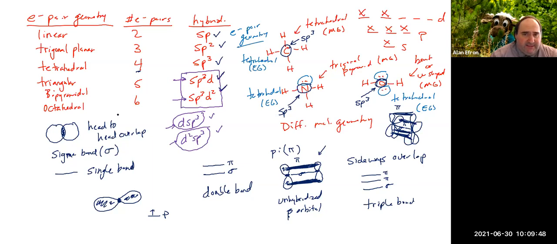So let's see this in action. We're going to dissect an organic molecule that has, say, a double bond. And I'm going to draw it with the arrows. You don't necessarily have to draw the arrows or know how to draw the arrows per se. It's just to help you understand where the electrons are ending up, where these bonds are happening. So I will not ask you to draw the arrows for this.